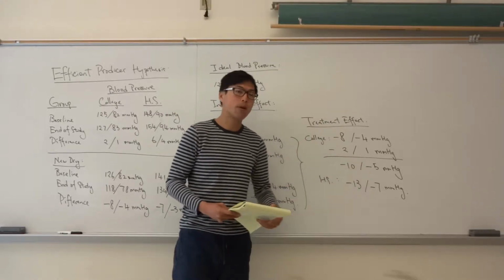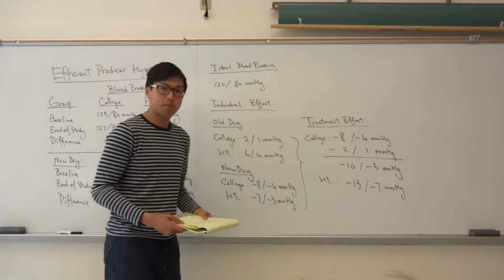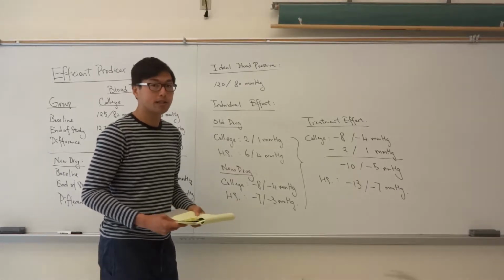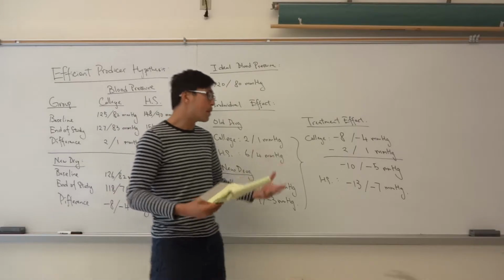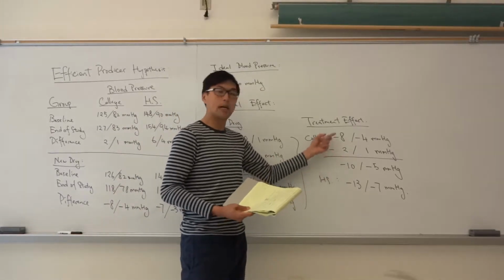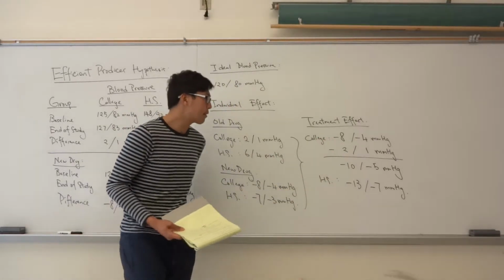So it's a much better result, right? So instead of taking the old drugs, the new drug actually has a much better result, right? Comparing the two options that they have.